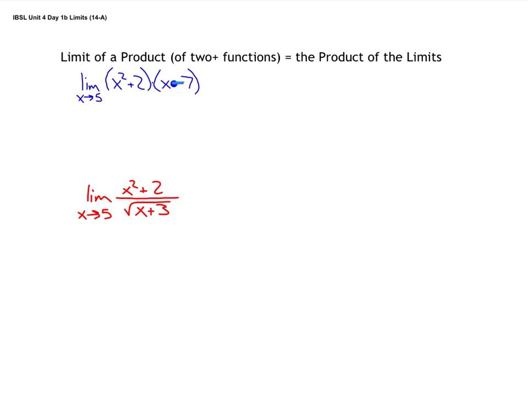Okay? The limit of a product is the product of the limits. Okay? So I have this here, and this is a pretty obvious one. You recognize that if I were to multiply this together, I'd have a cubic function, so I can just evaluate this, all right? But I also could rewrite this as two separate limits multiplied together, okay?